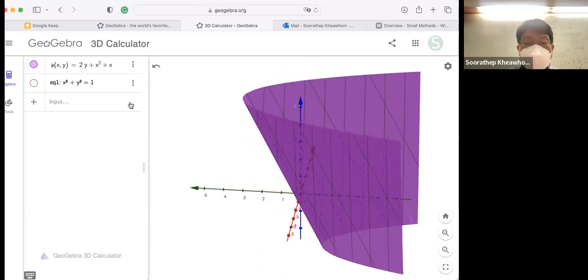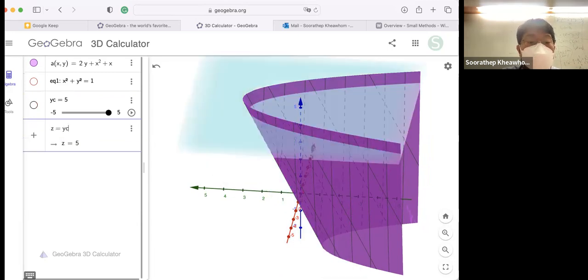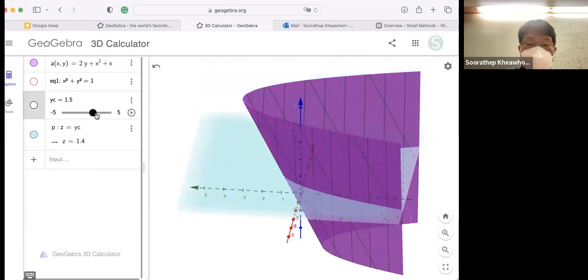Let me show the level curve. For example, we have z equals 5, and then I move this.